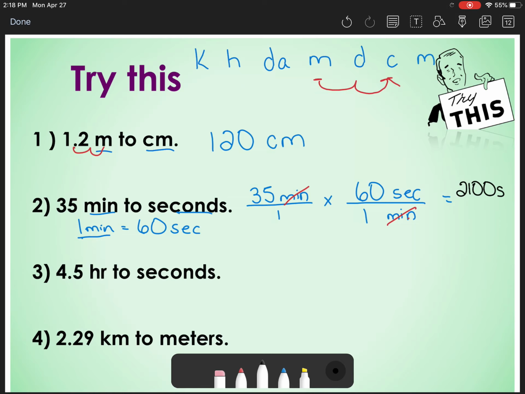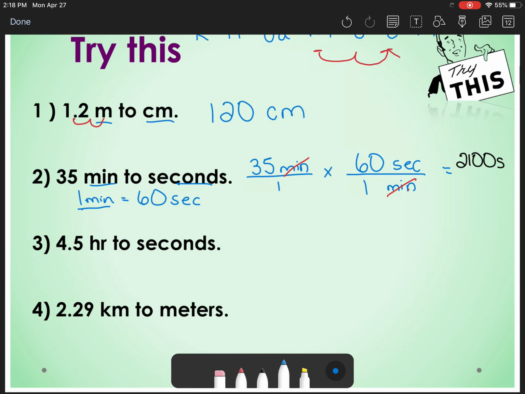Okay, it's going to be very important that we can do this. All right, next one is hours to seconds. Start by writing your number over 1 as a fraction. Figure out your conversion factor. If we think back to the time conversions, we know that 1 hour is equal to 3600 seconds. Now I've set it up as a multiplying fraction.